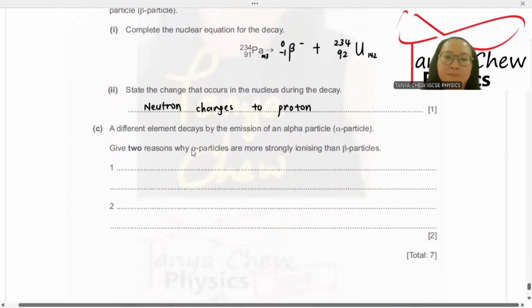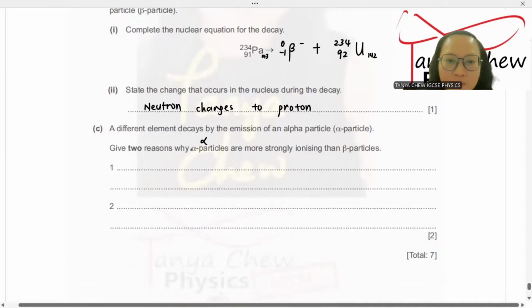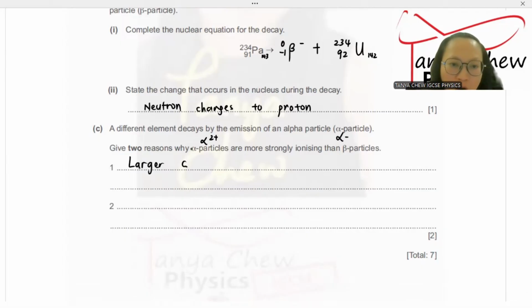C, a different element decays by the emission of an alpha particle. Give two reasons why alpha particles are more strongly ionizing than beta particles. First reason, the charge of the alpha particle compared to the charge of beta particles is larger. So I'll say larger charge.